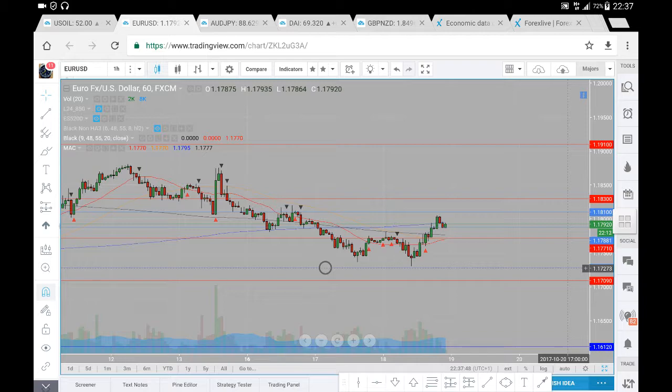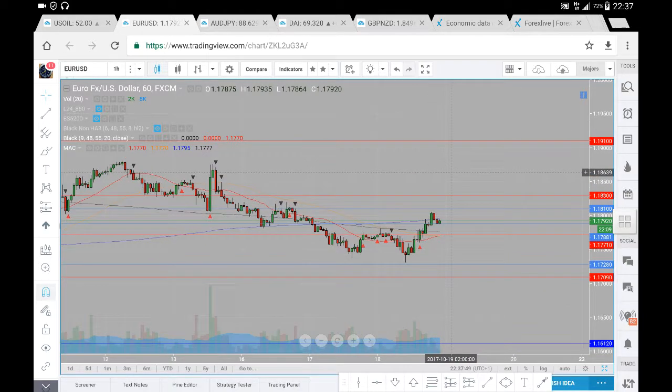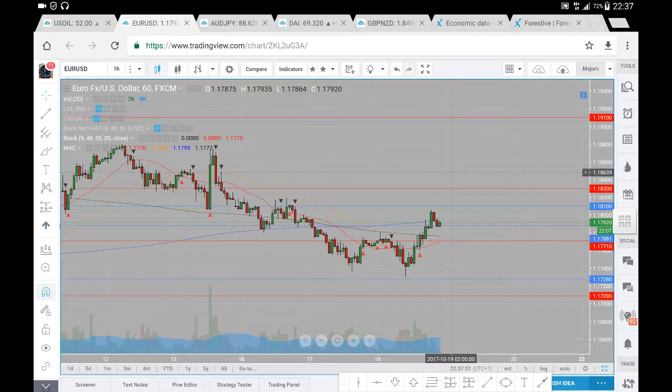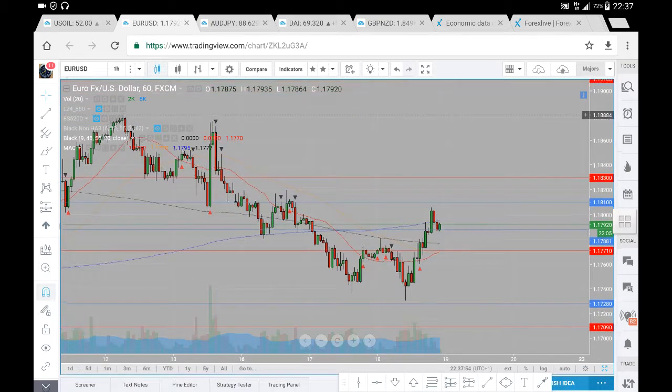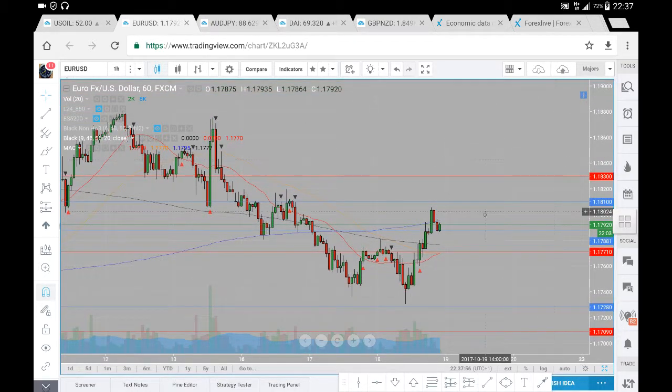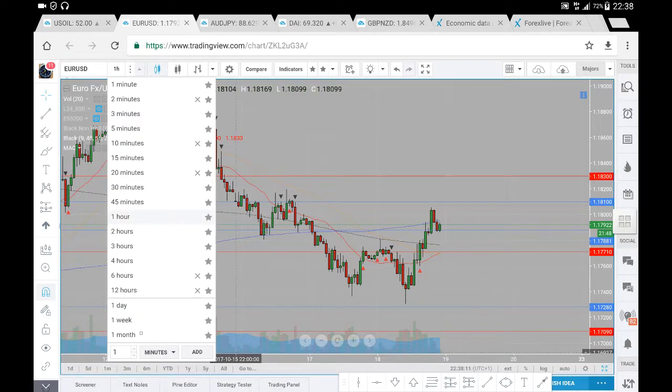Overall, though, especially on the higher time frames, we are in a bullish trend on euro dollar. So a move to the upside would be in alignment with the overall trend to the upside, particularly on the monthly chart. So let's just have a look at the higher time frames briefly.